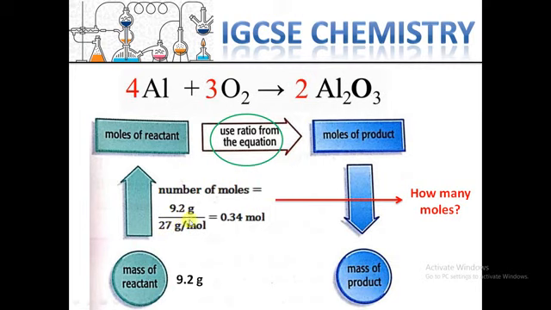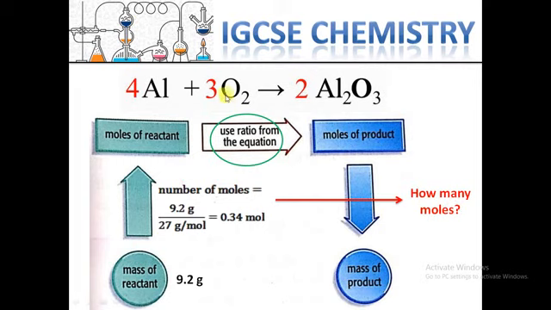So the answer, the value for the number of moles, is 0.34 moles for aluminum. So the number of moles of the reactants is 0.34.